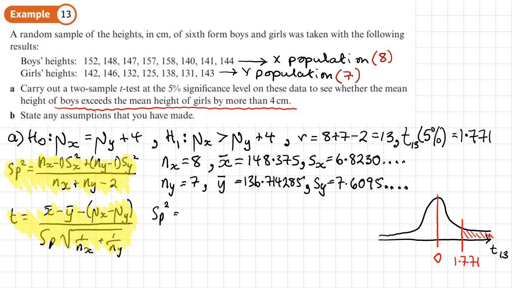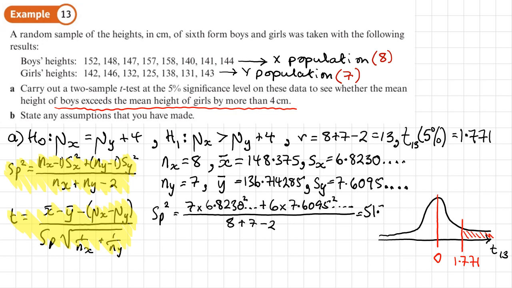So it's going to be nx minus 1, 7, times by that squared, 6.8230 squared, plus n sub y minus 1, so it's going to be 6 times by this standard deviation squared, 7.6095 squared, and then all of that divided by 8 plus 7 minus 2. So that gives me 51.7923.